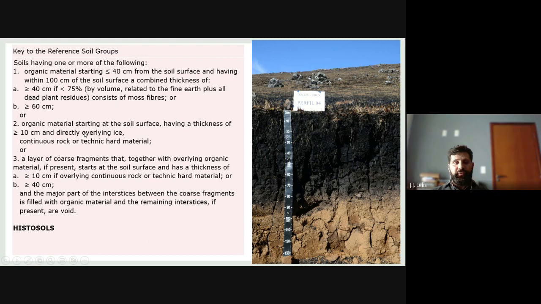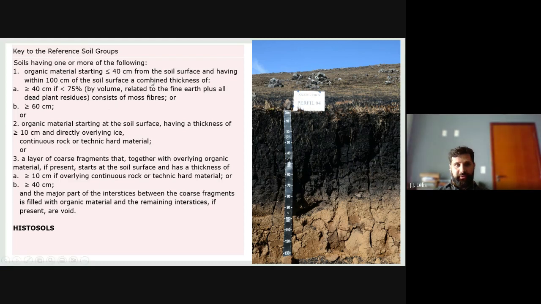So first of all, this soil possesses organic material that starts up to 40 centimeters from the soil surface. For example, in this picture, this is the surface, and up to 40 centimeters of depth I should find organic material.